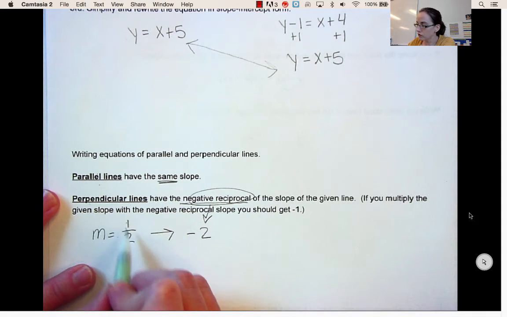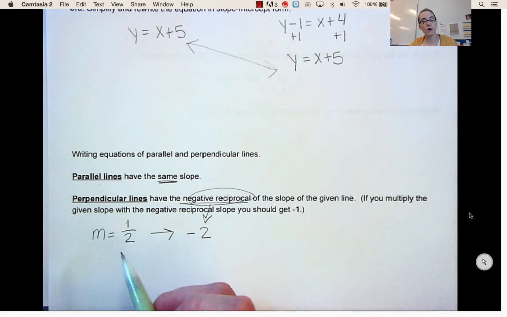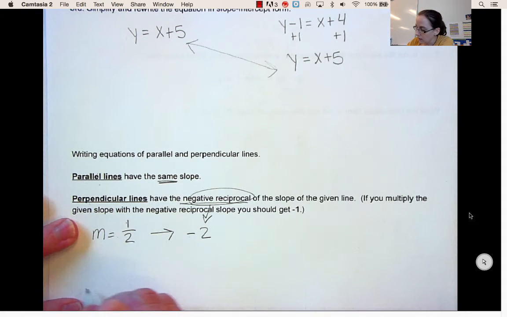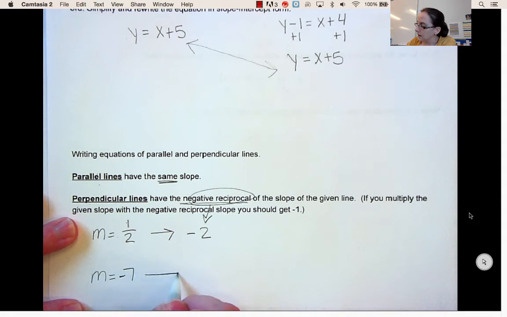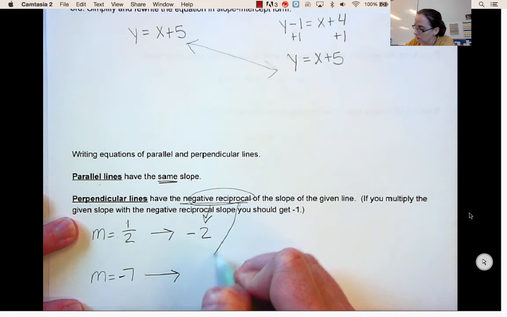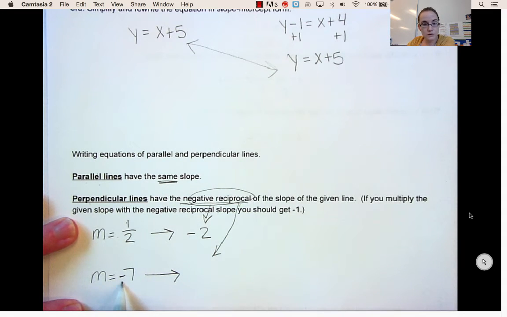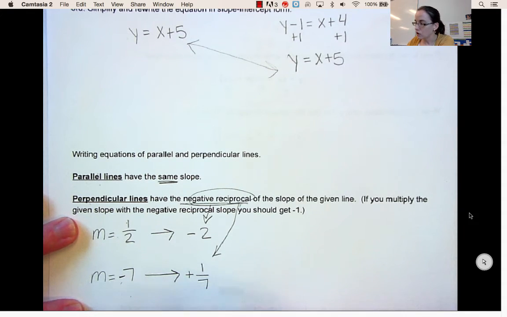It was 1/2, and now it's 2/1. Let's try another one. If I said the slope was -7, then the negative reciprocal, first, it's going to be positive, and it was 7/1, so now it's going to be 1/7. So it's important that you know how to create a perpendicular slope.